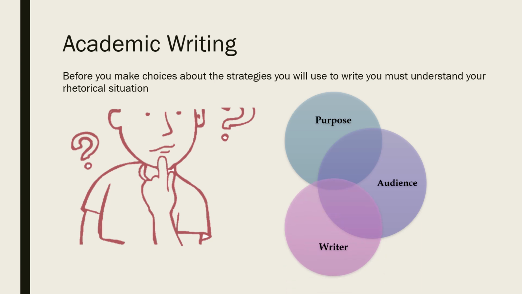And who is the writer? As an academic writer, your experiences, knowledge, and attitudes towards the subject may influence your writing. What are you writing about? What is your topic? How will the context and your knowledge and experiences influence the way you see or treat the subject?